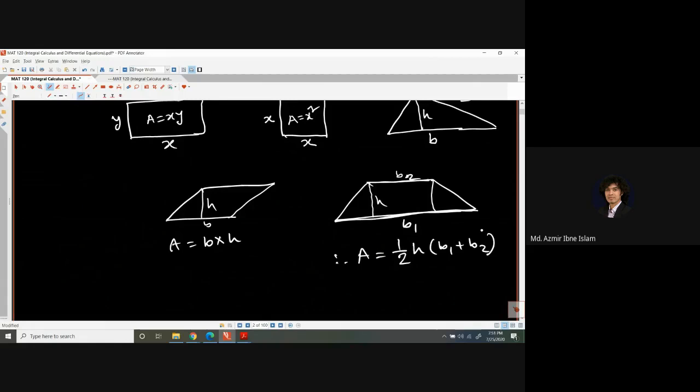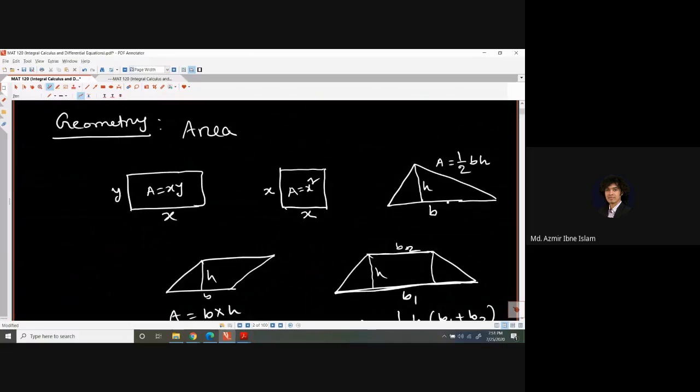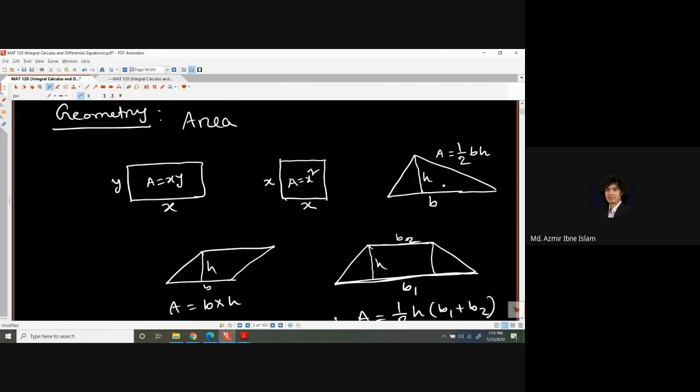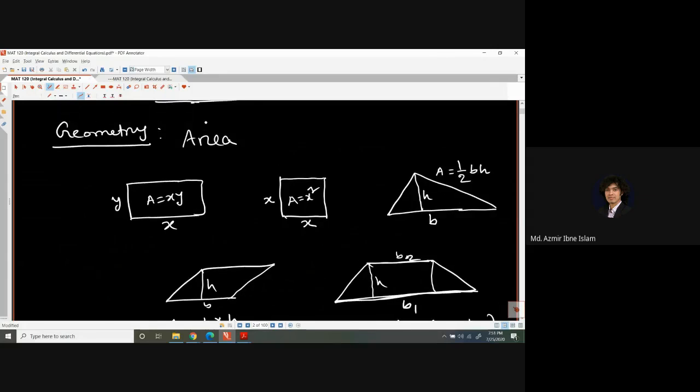You don't need to memorize all these things. We are just recalling whatever we have learned from geometry. Okay, these are the common shapes. If we have a polygon, just like a rectangle, square, triangle, or other polygons, we can easily find the area.